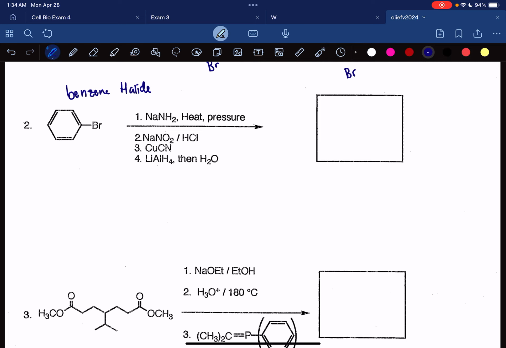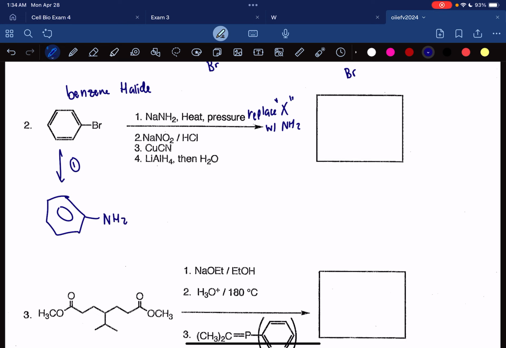So the first step, at NH2, heat and pressure, this replaces halide X with NH2. So this is just a simple reaction of a benzene. So you should all be comfortable with this. So the bromine becomes NH2.